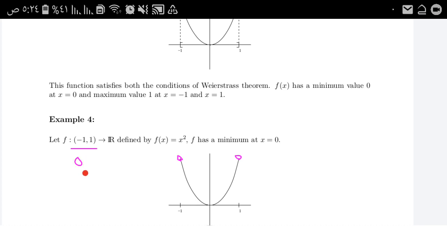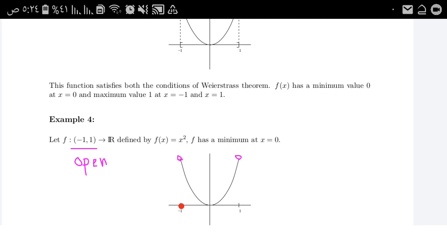The domain of this function is open, not closed. So when the domain of the function is open, it means that the points -1 and 1 cannot be maximum. This is the difference between example 3 and example 4.